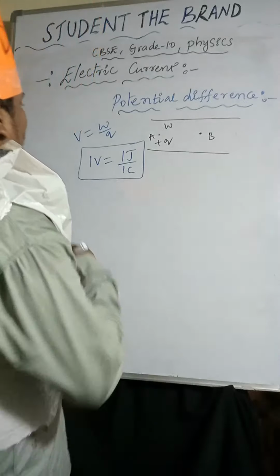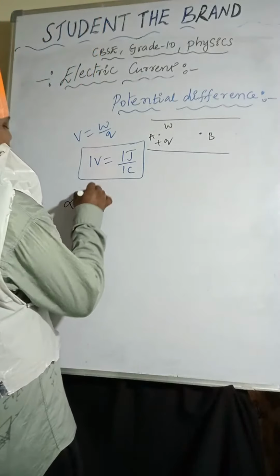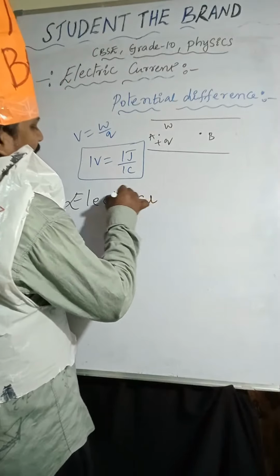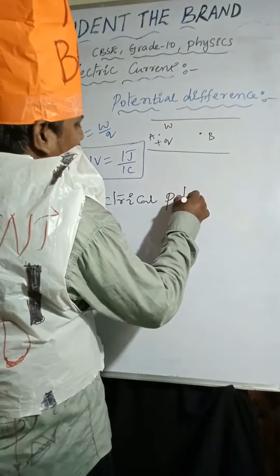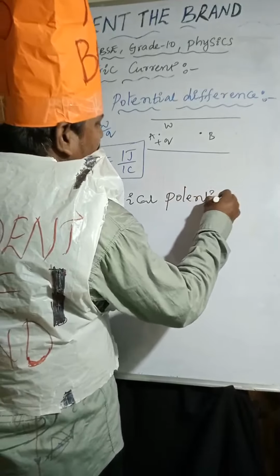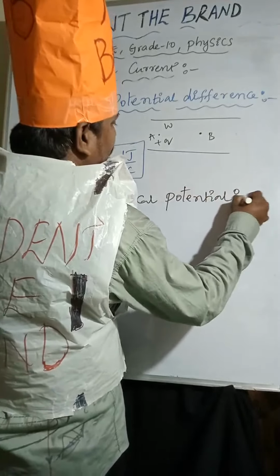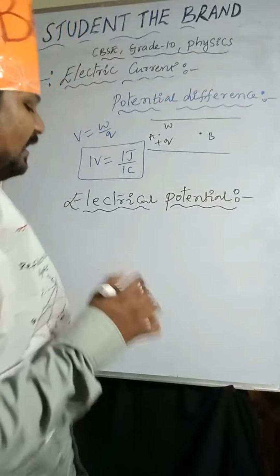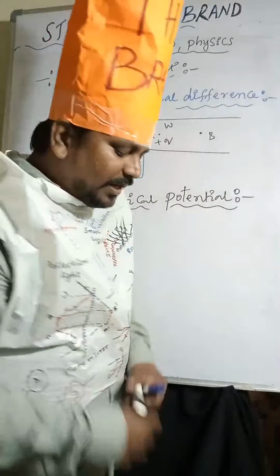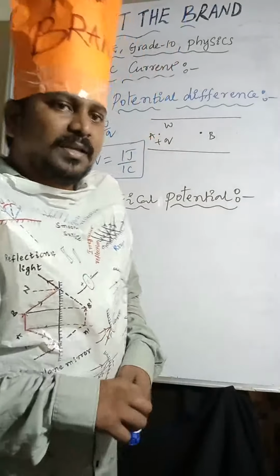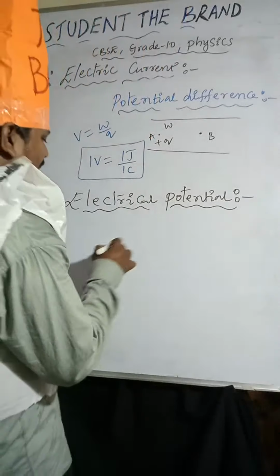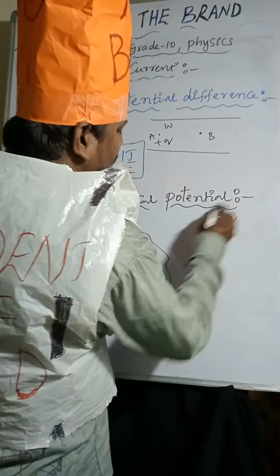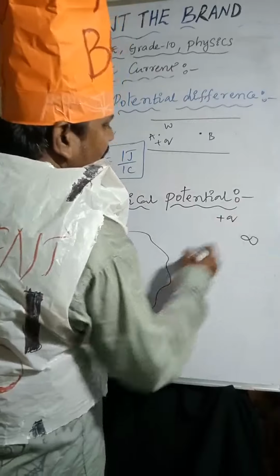Coming to the electrical potential. Here this is the field, and I am taking a positive charge, and this is the infinity point.